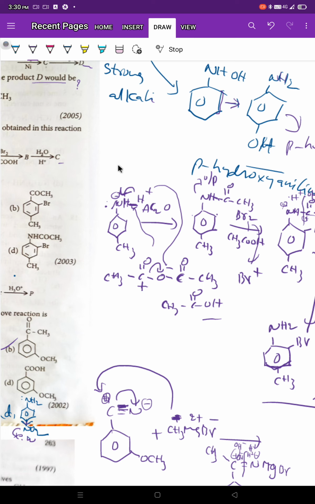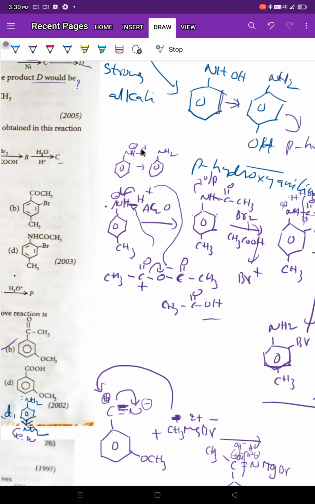You may consider it as NH2. This is also known as aniline. On aniline you may write NH minus, H plus.